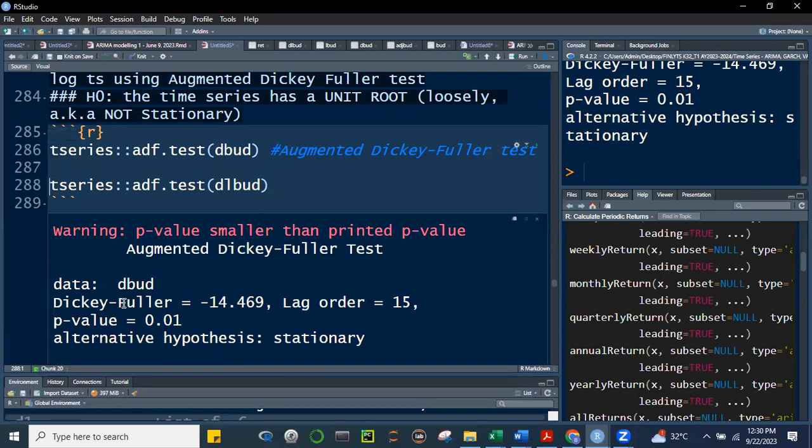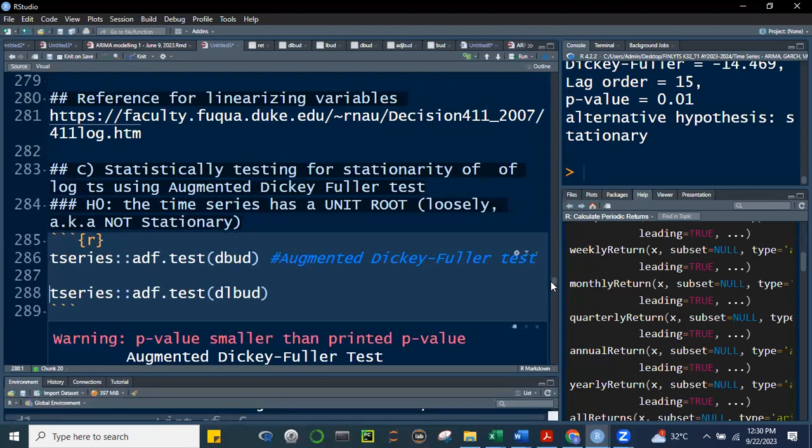Our data is DBUD. The Dickey-Fuller statistic is negative 14.469. Okay, the p-value is 0.01. The alternative hypothesis is stationary. So what is our null hypothesis? Our null hypothesis is that the time series has a unit root. Loosely speaking, when we say the time series has a unit root, it means it is not stationary. Okay?